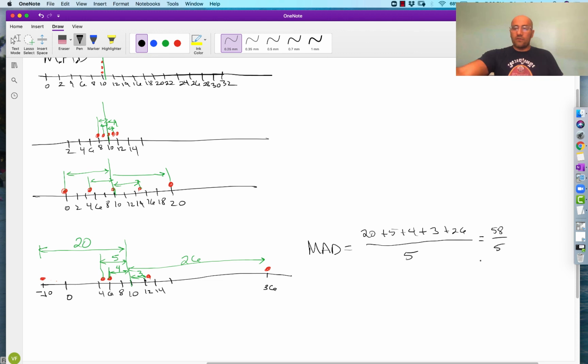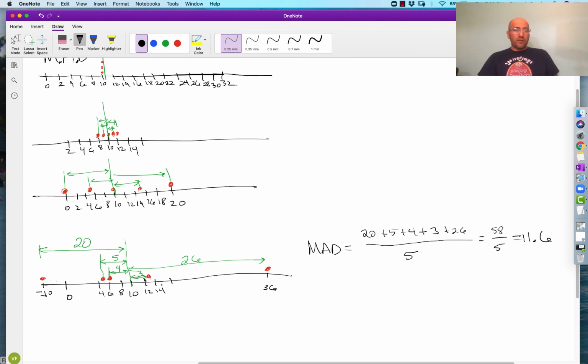Okay. So double check here. Let's check it. So that's 20 plus 5 plus 4 plus 3 plus 26. It's 58 divided by 5. I'm getting 11.6. Okay. Now, that is one way to describe the dispersion of this.